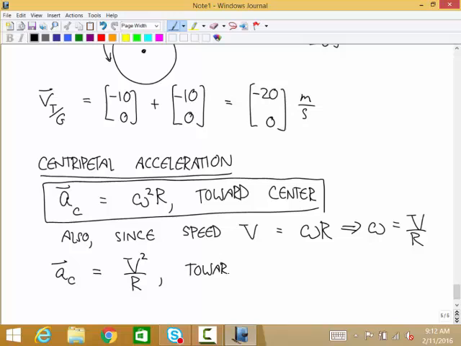Those say the exact same thing. It just depends on whether you know the speed or the angular velocity.